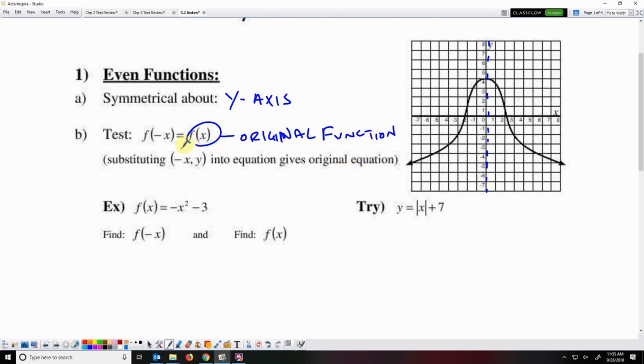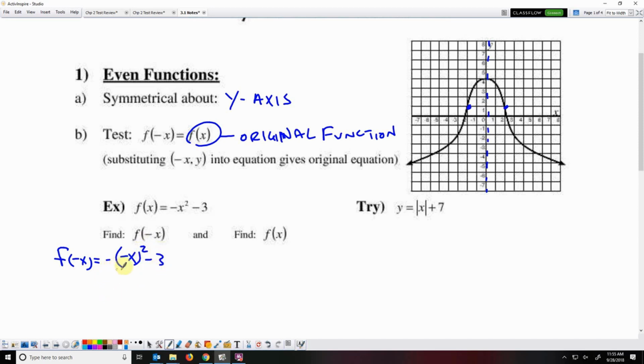The reason this works is that for every x value on this function, the opposite x value should exist as well. So f of the opposite of x for this function is negative, and then opposite of x, because whatever this x value is, its opposite should also exist if it is an even function.